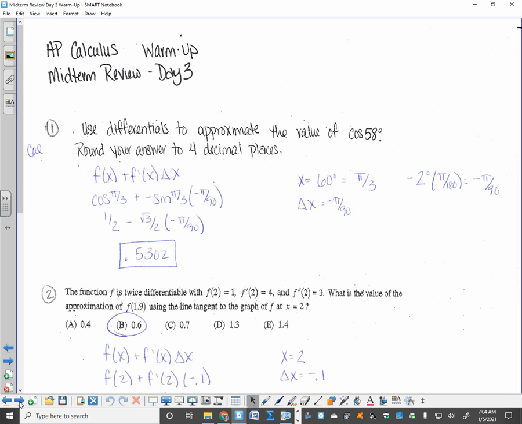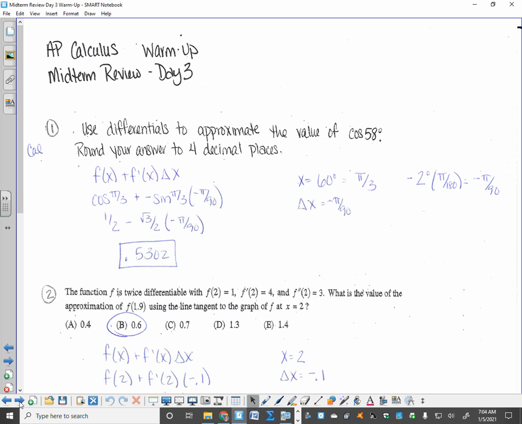So I have 58 degrees, so I'm going to let what I know be the 60 degrees. Off to the right, you can see I wrote x equals 60 degrees, which is the same thing as pi over 3. I know that I'm 2 degrees shy of that. So then you can see the negative 2 degrees.